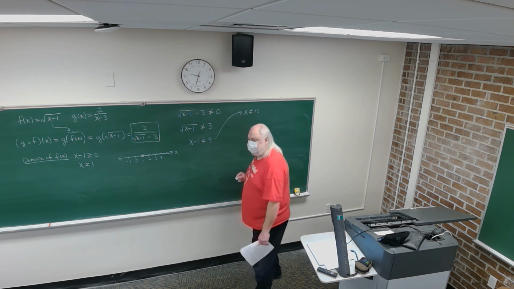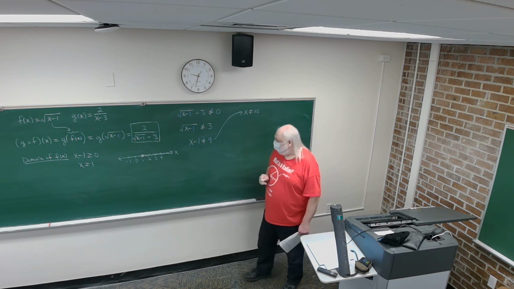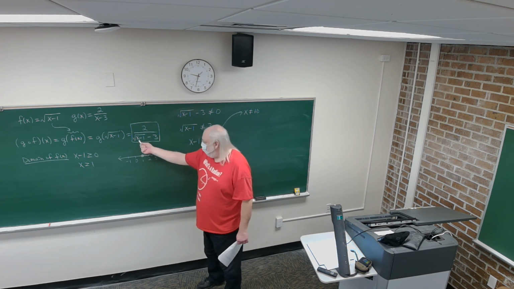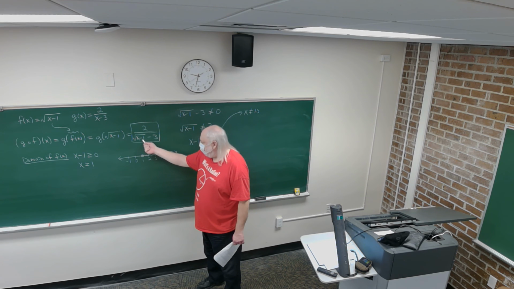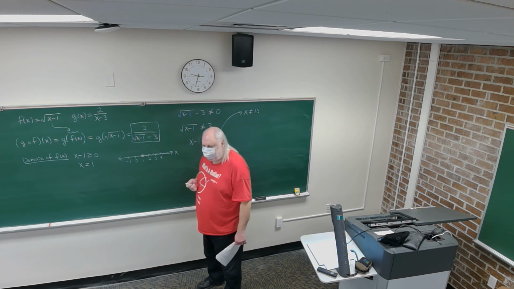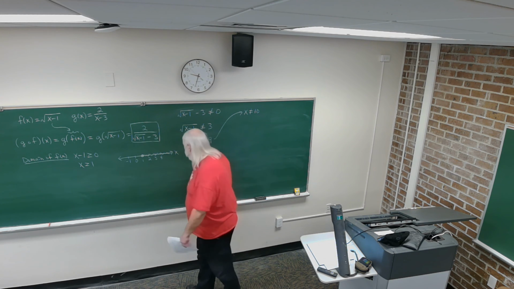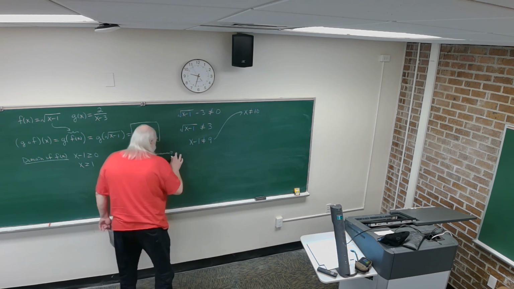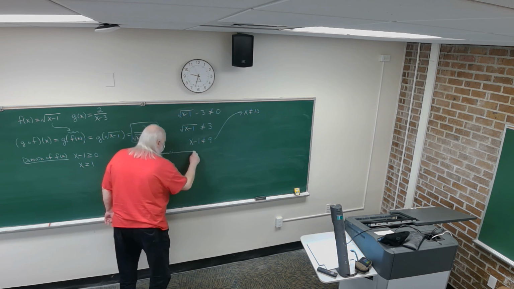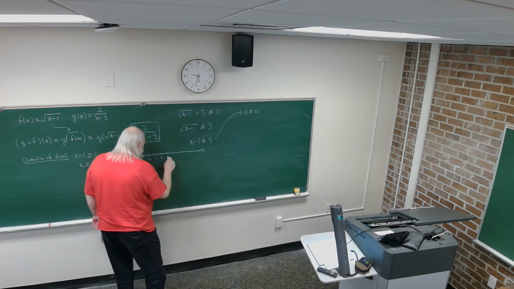And then we add 1 to both sides, and we get x can't equal 10. Okay? If x equals 10, then we have 10 minus 1 under the square root, which is equal to 9. The square root of 9 is 3, and 3 minus 3 is 0. So 10 makes this denominator equal to 0. So 10's not in the domain. So we have to put an open circle on the number 10.